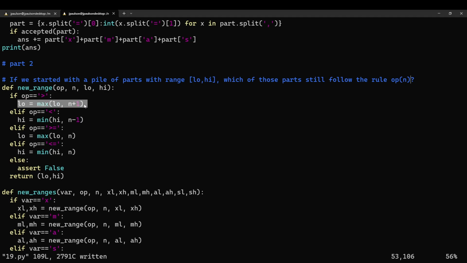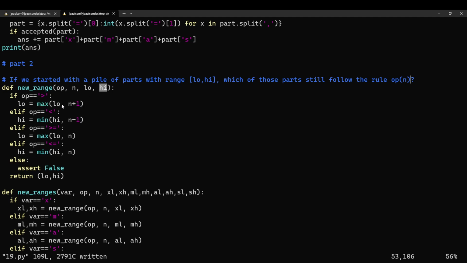So what x range is greater than? Well, x must be at least something. It must be at least n plus 1.